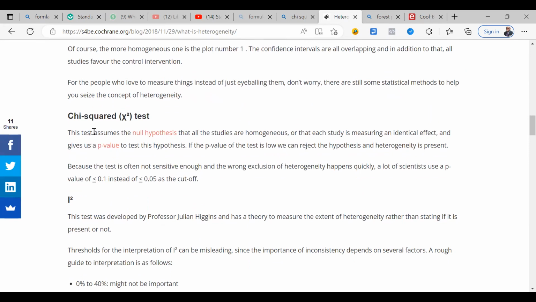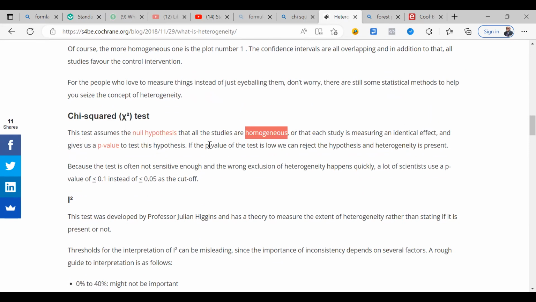Now, the test assumes the null hypothesis that all the studies are homogeneous, right? That is the null hypothesis, that each study has an identical effect.